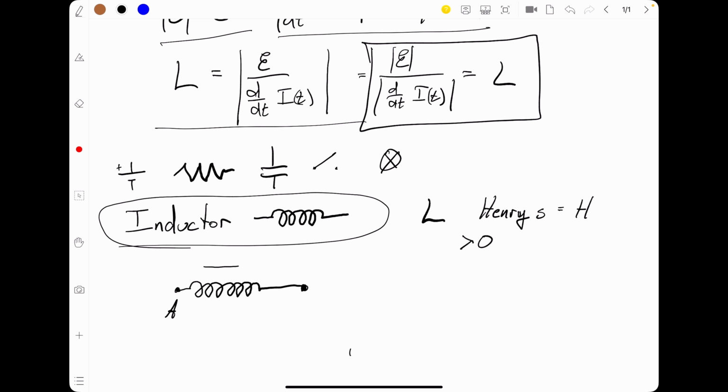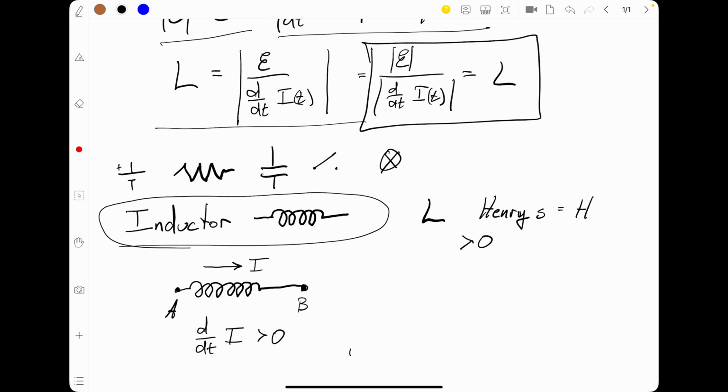We'll have some current going through the inductor from A to B. The derivative of that current is greater than 0. So the derivative with respect to time of that current is greater than 0.